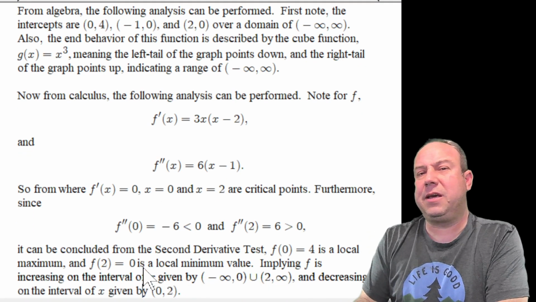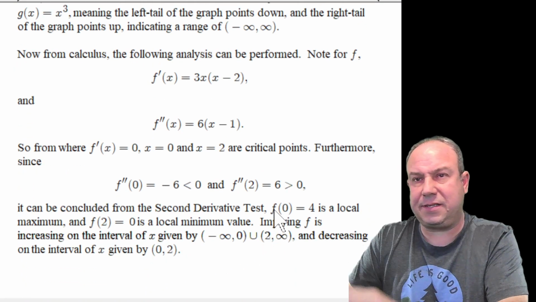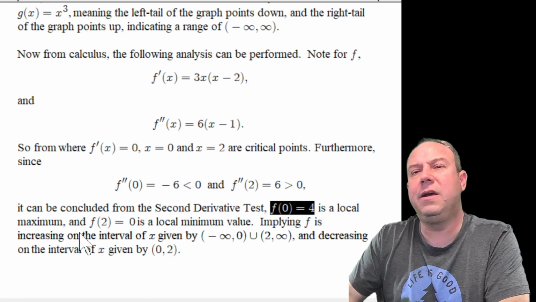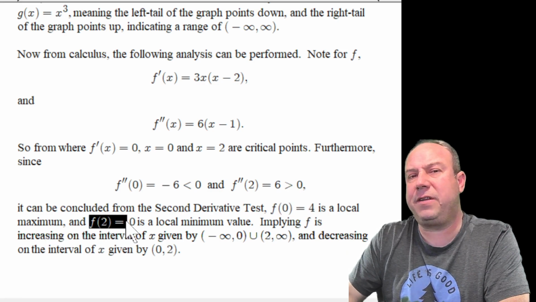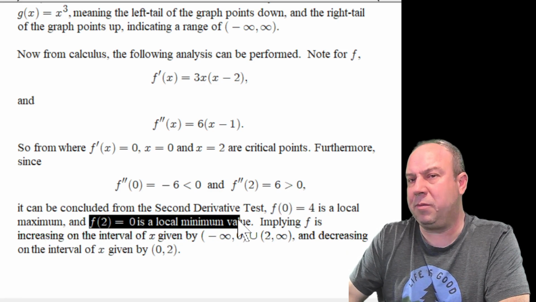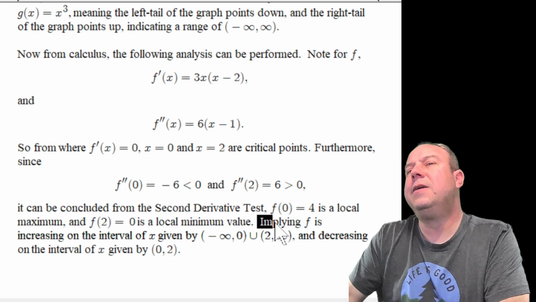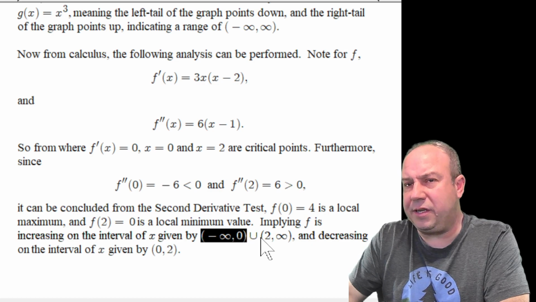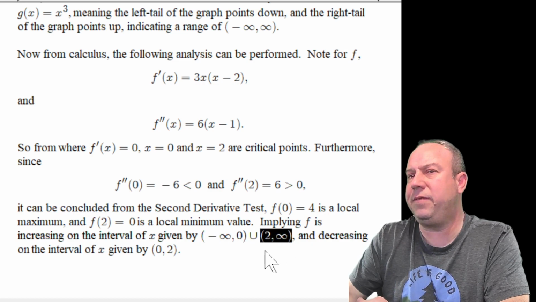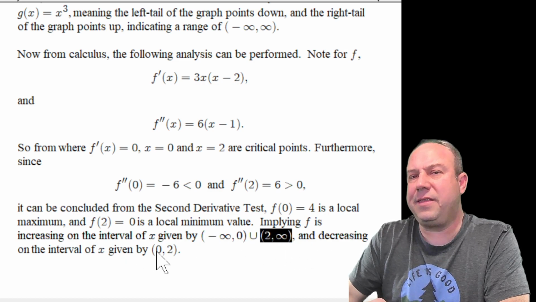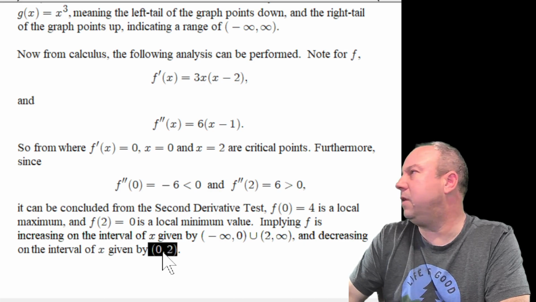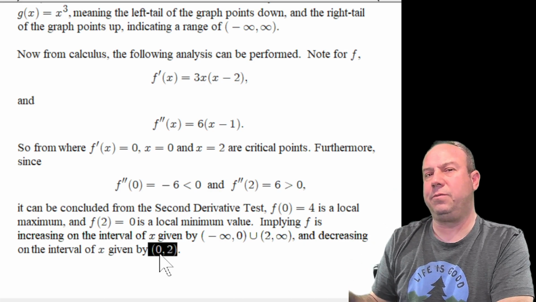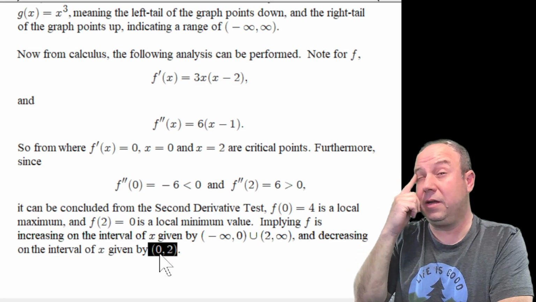And it can be concluded from the second derivative test that f of 0 equal to 4 is a local maximum, and f at 2 equal to 0 is a local minimum value. Implying then that f is increasing on the interval from negative infinity to 0 and 2 to infinity, and thus decreasing on the interval of x from 0 to 2. All right.